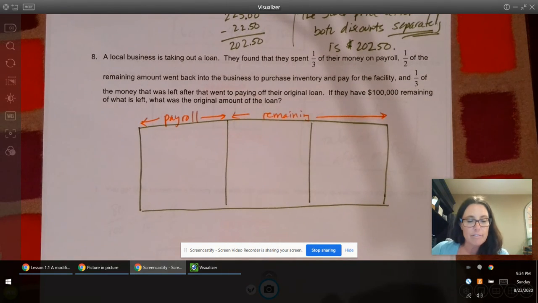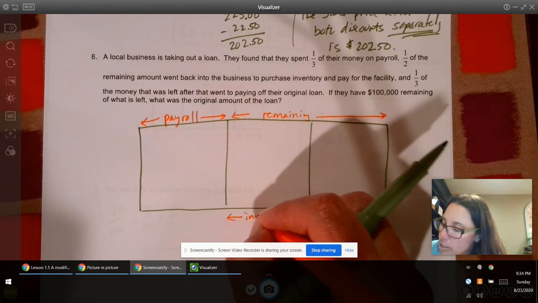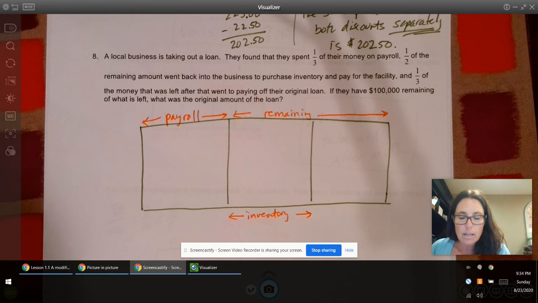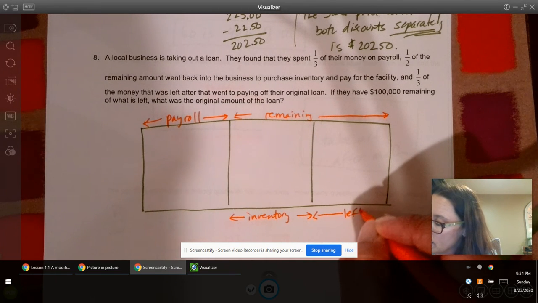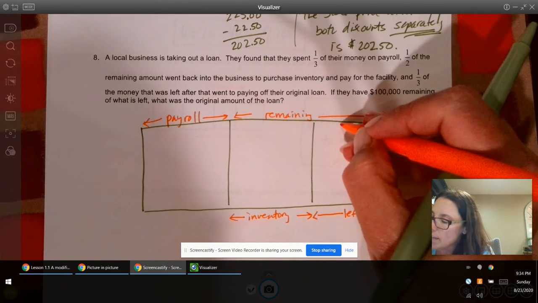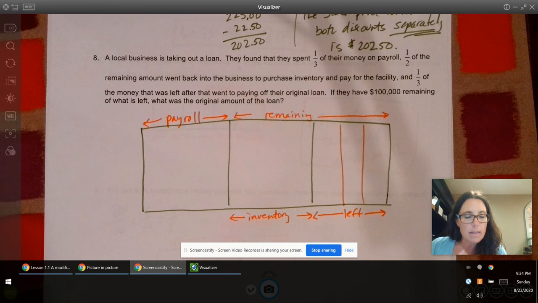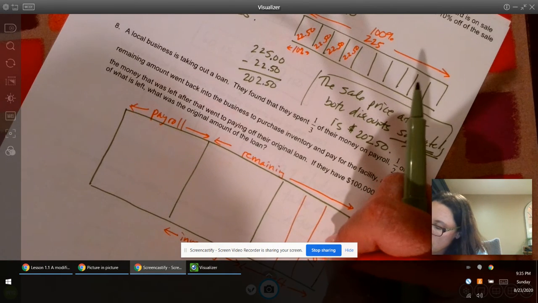It says half of that went back into the business to purchase inventory. So half of this is inventory. A third of the money that was left, this right here is what's left, and they want it in thirds. It says a third of the money that was left went to paying off the original loan. A third of this.